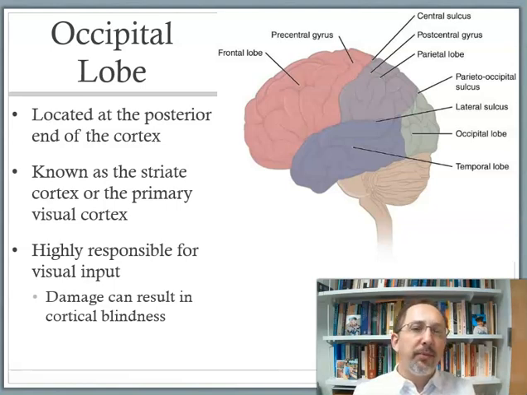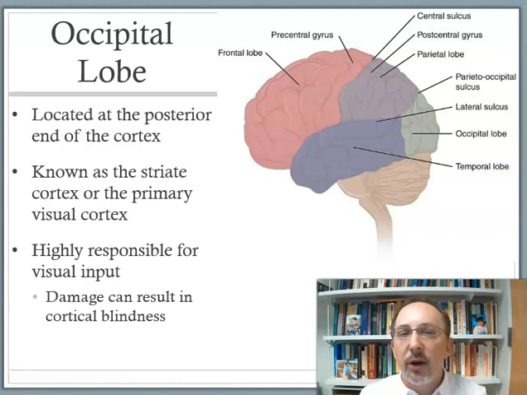Where other parts of the brain have multiple tasks, vision is such a massive component of what we do that when it comes to processing here, it's dedicated. In fact, it will even shunt some of these vision processing tasks up to your parietal lobe and down into your temporal lobe for further processing.